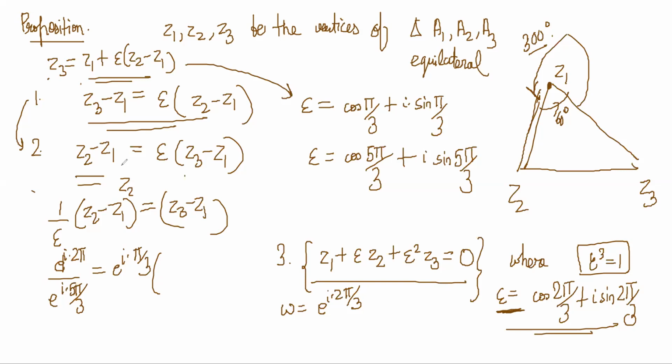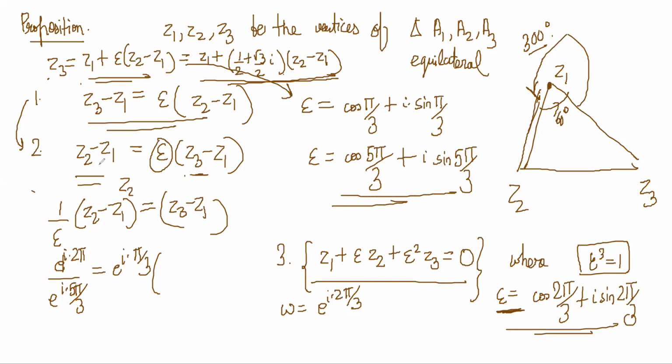Are you getting what I'm saying? So here epsilon is what? Cos pi by 3 plus i sin pi by 3, so that is cos 60. So half plus root 3 by 2 i into Z2 minus Z1, right? This is my Z3. Let's put that Z3 here and use this particular epsilon here and get our Z2 in terms of Z1.